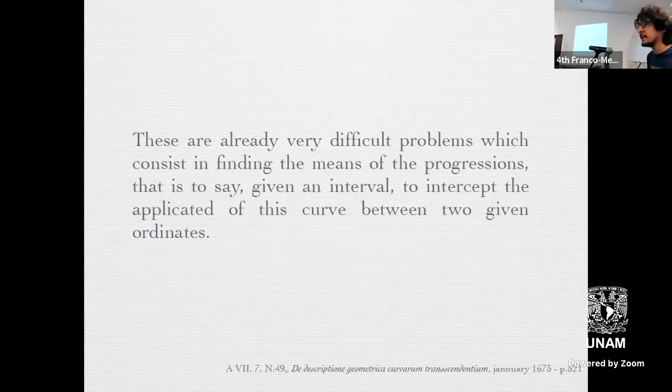So the problem is explicitly to know if there is a curve which corresponds to a progression, or a progression which corresponds to a curve, which is very fundamental in the book of Wallis, who based his computation method on arithmetic to transfer it to geometric curves.